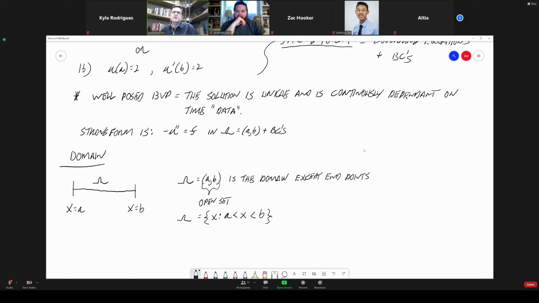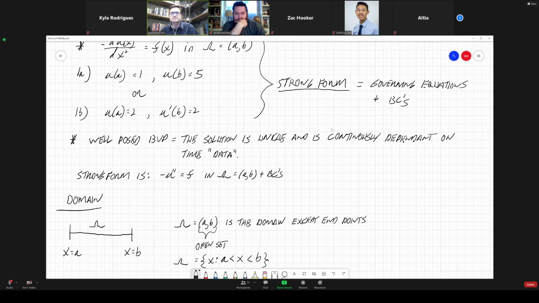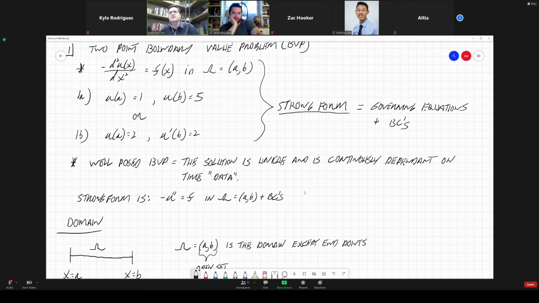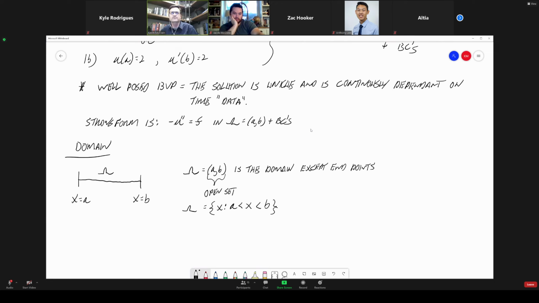Now, to give an example of what the strong form is, what we're saying is this equation right here, minus u double prime is equal to f, is only valid in this range, right? Not the endpoints, but just in that range.